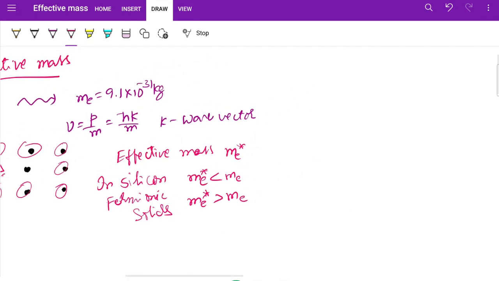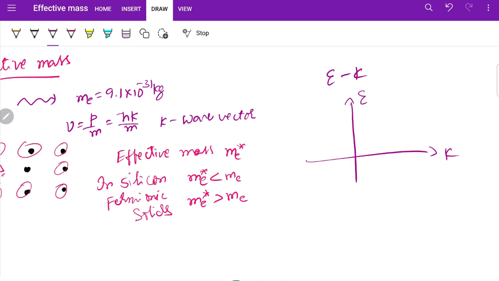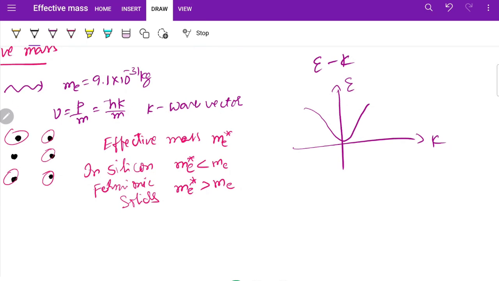If you draw a curve for E versus k, where k is taken on the x-axis and energy on the y-axis, it takes a form like this. This curvature is important. Mathematically, the effective mass is defined using the second derivative of energy with respect to the wave vector.